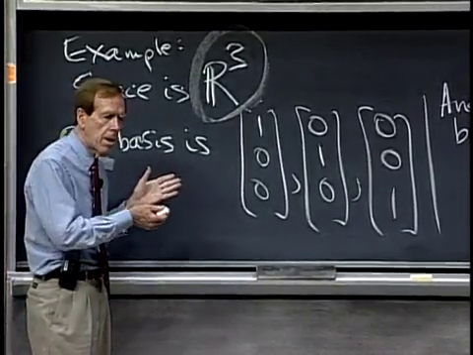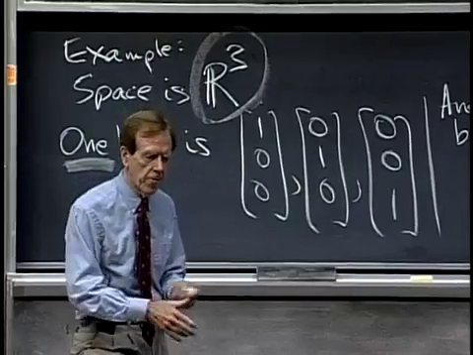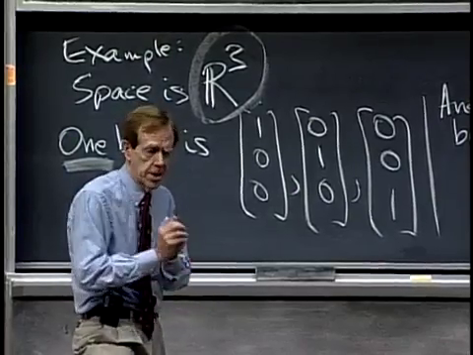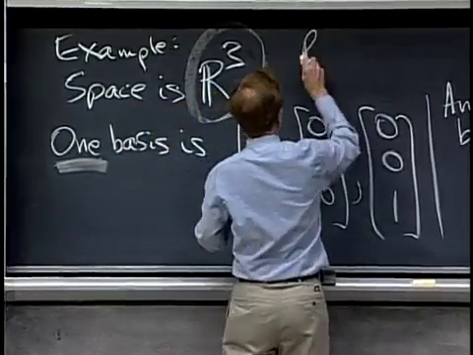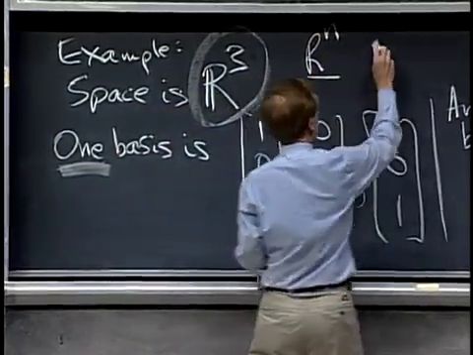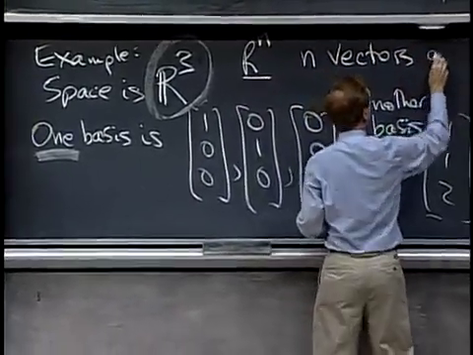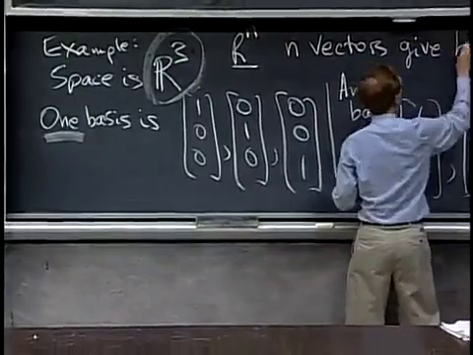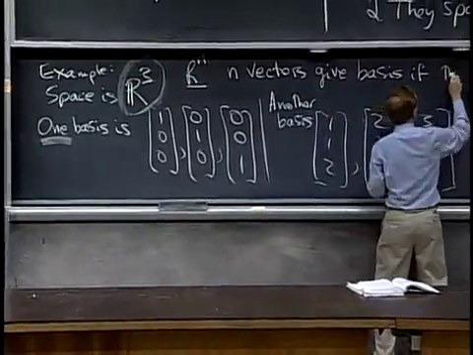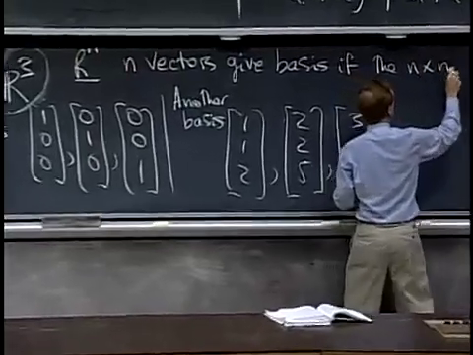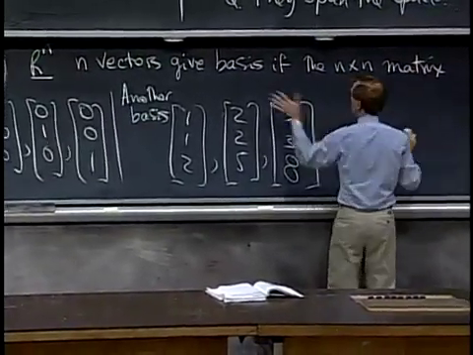What am I asking about that matrix in order for those columns to be a basis? In Rn, if I have n vectors that give a basis, what's the requirement on the n by n matrix with those columns?